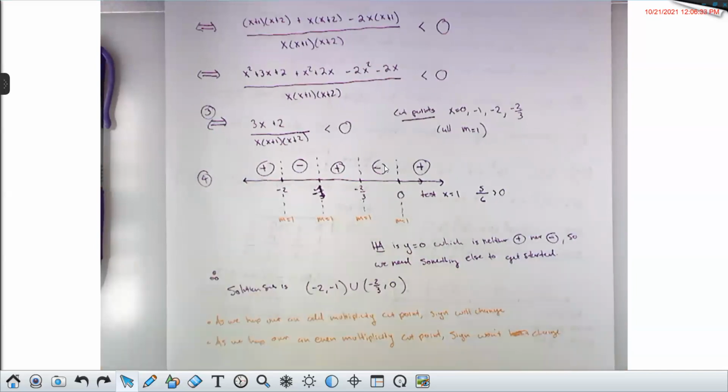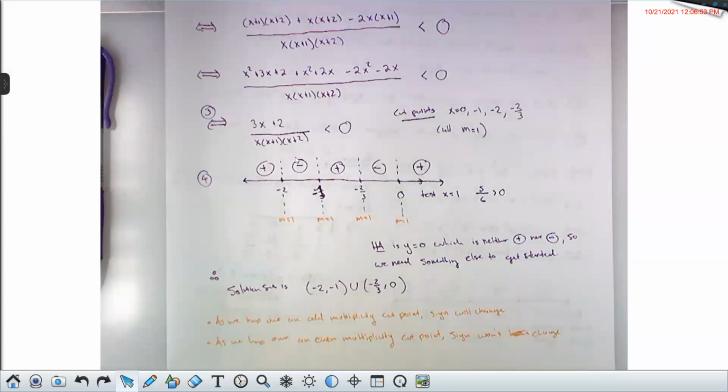So it's based on the multiplicities of each of these cut points. If it's an odd multiplicity cut point, we will change sign. If it's an even multiplicity cut point, we won't change sign. Okay, thank you. Yeah, of course.